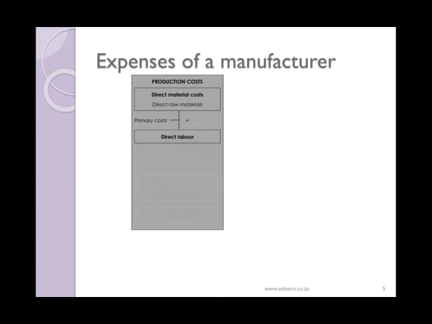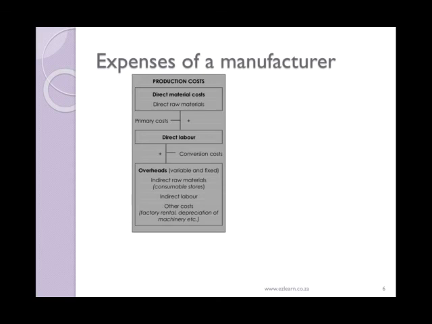To this, you would need to add all your direct labor costs, in other words, your wages, salaries, and possibly also your UIF contributions, etc. Direct material costs, together with direct labor, are known as primary costs or direct costs. These are all the costs that can be directly attributed to the particular product or each unit.